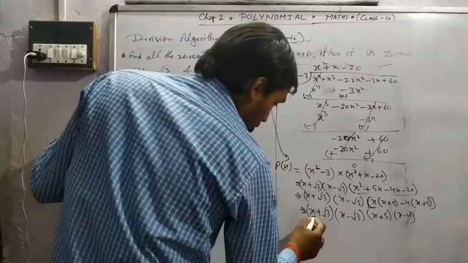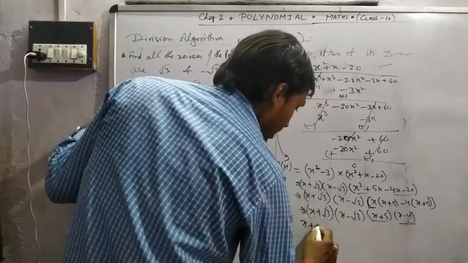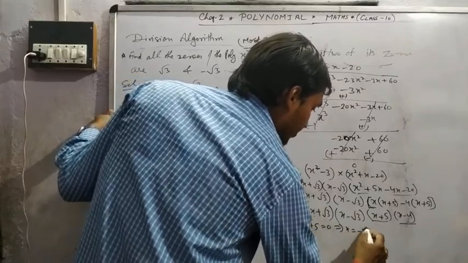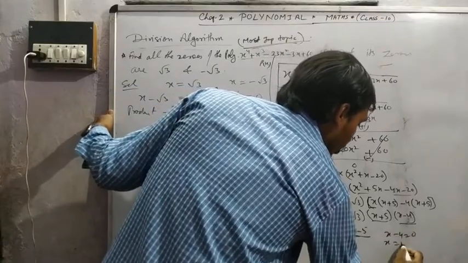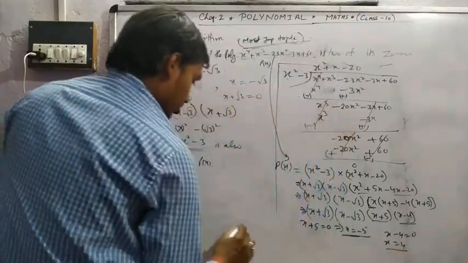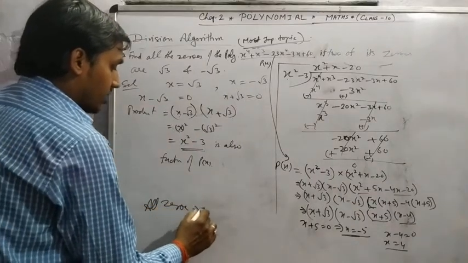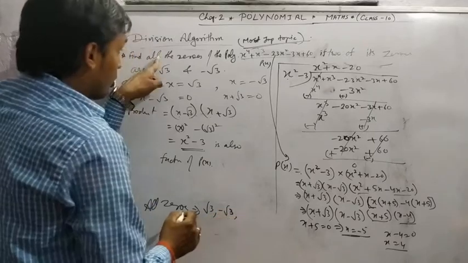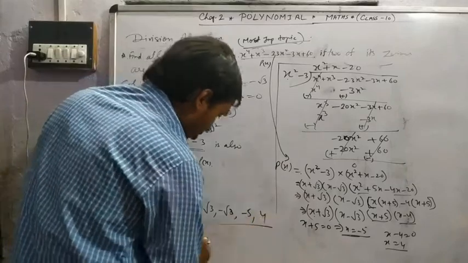Two zeros are already given. These two factors make the zeros. x plus 5 equals 0, that means x equals minus 5. x minus 4 equals 0, so x equals 4. So all zeros are root 3, minus root 3, and the two zeros minus 5 and 4. That's your answer.